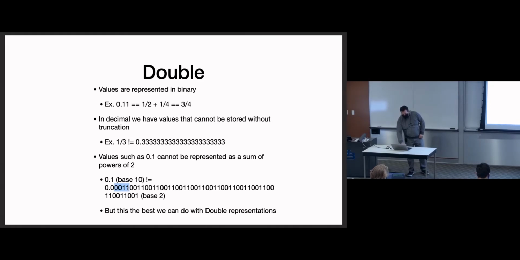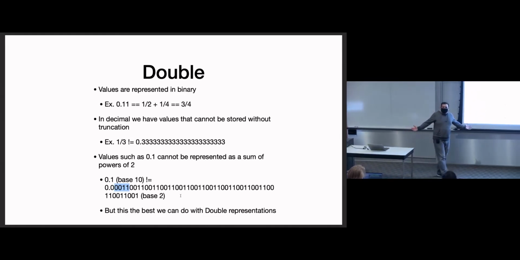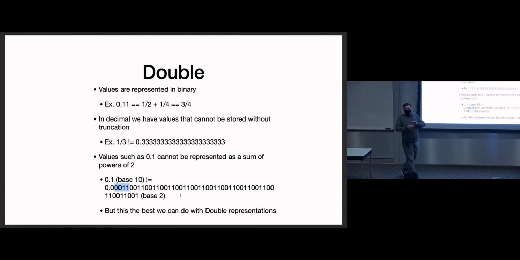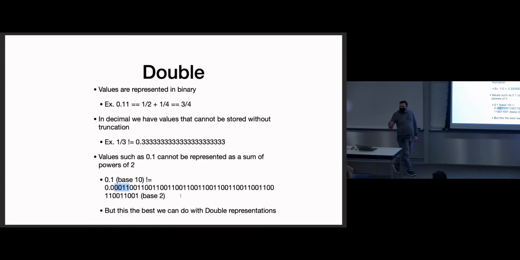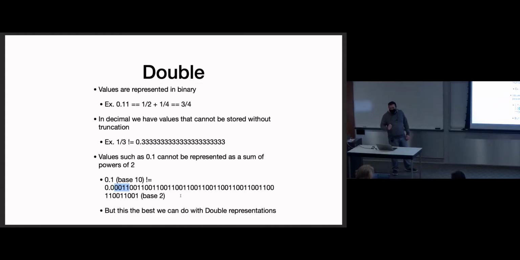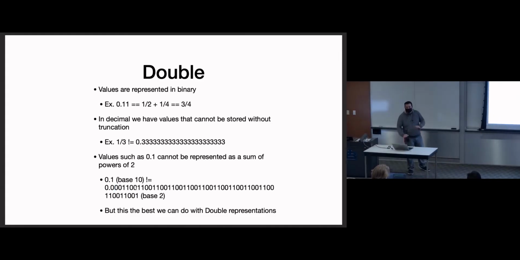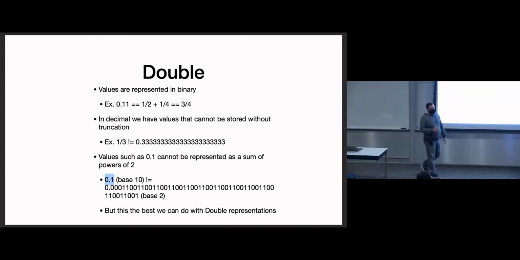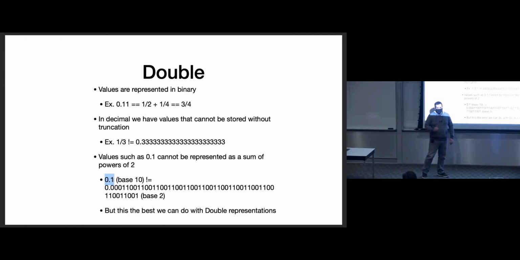And it's going to repeat forever, just like our 3s repeated forever here. At some point, we're going to use up 64 bits, and we're going to have to stop writing 0011. At some point, we just have to stop. So the computer cannot represent, at least using doubles, these 64-bit IEEE doubles, which Scala uses, 1/10. That value can't be represented exactly in your code, ever. It just can't happen.